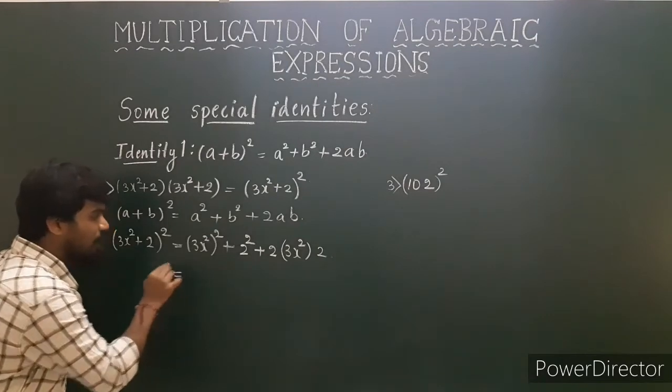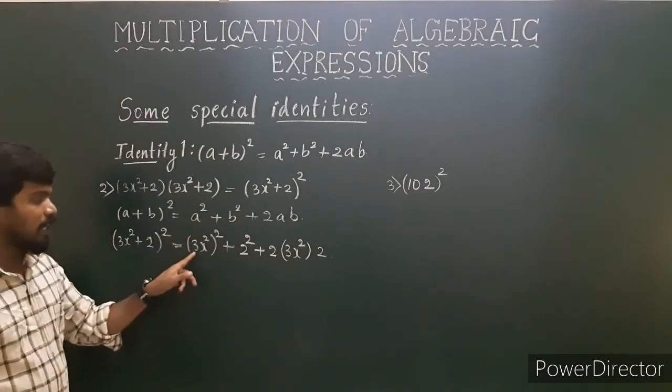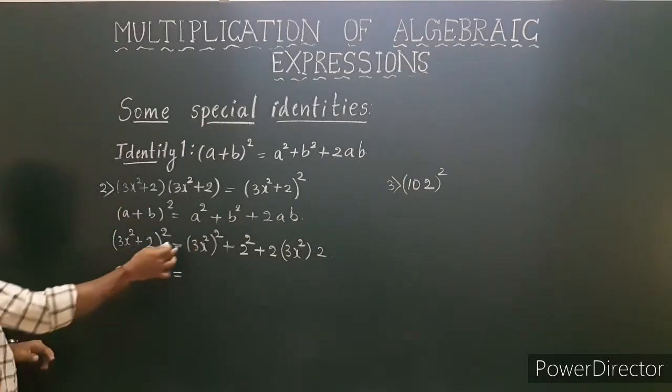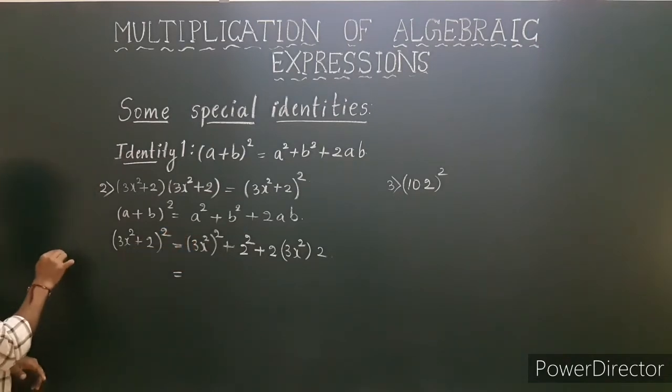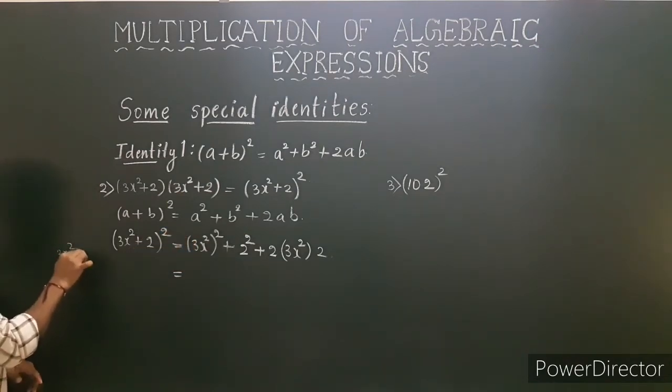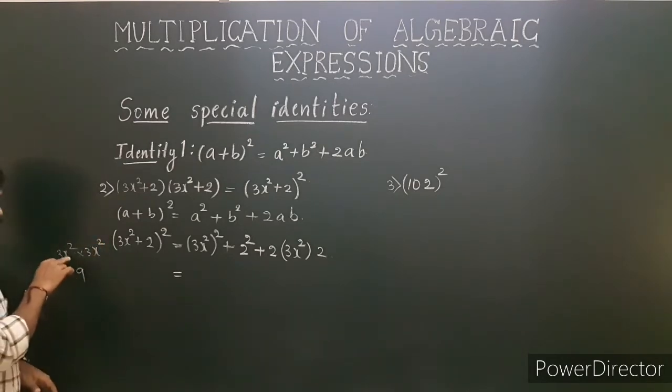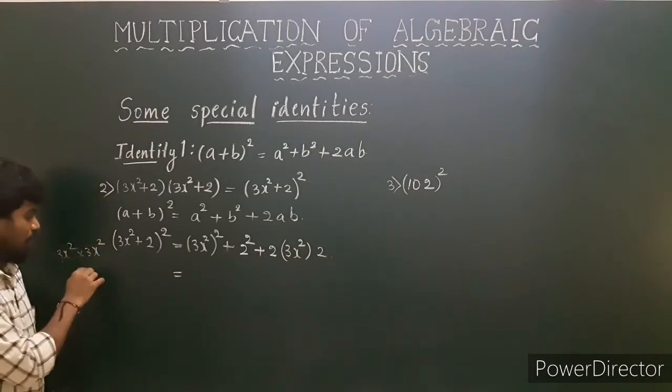Now simplify. 3x square whole square means 3x square into 3x square. 3 3s are 9, and x square into x square you get x to the power 4.